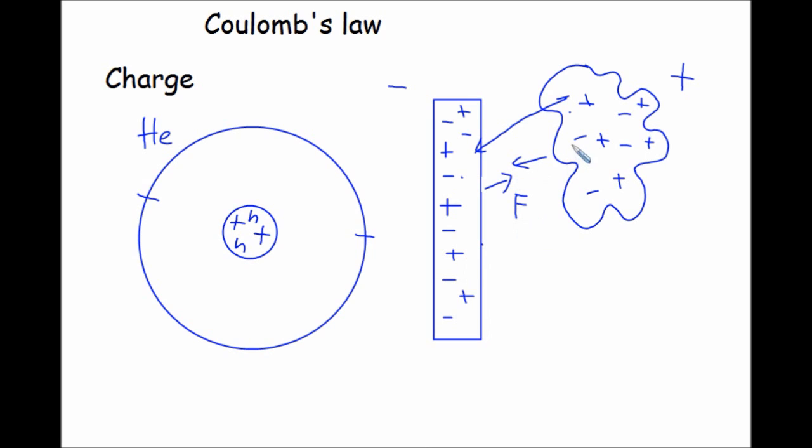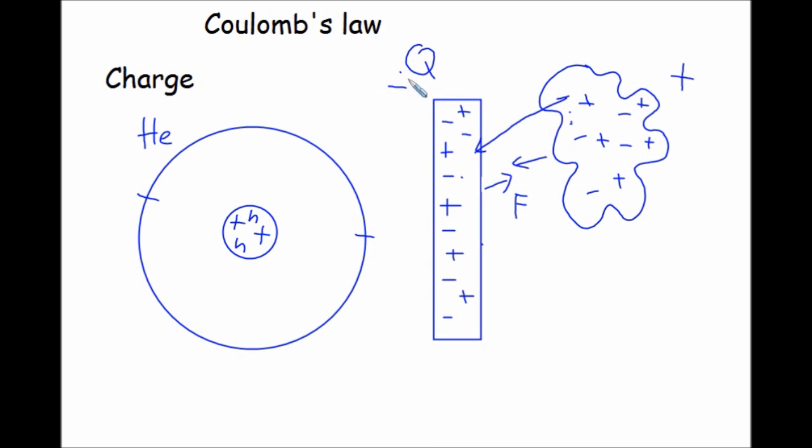will increase if more electrons are transferred from one object to another. So if 2 million electrons instead of 1 million electrons were transferred from the cloth to the ruler, the charge, which we give the symbol Q, will increase.